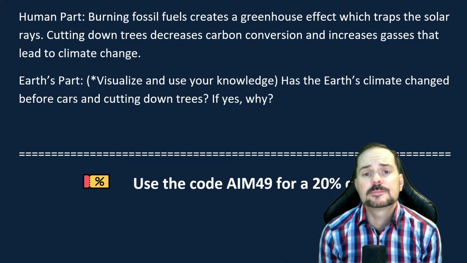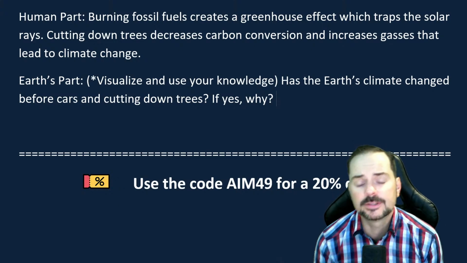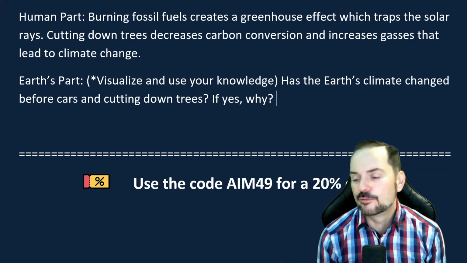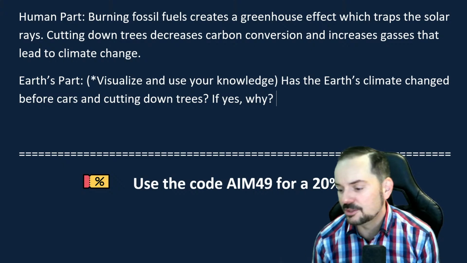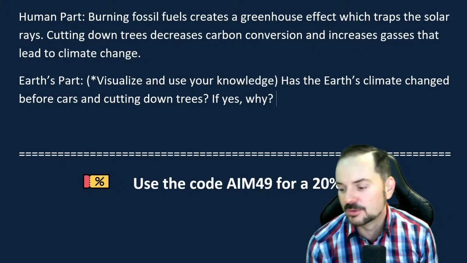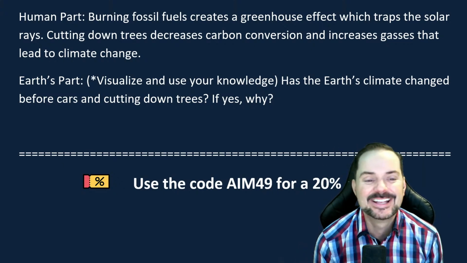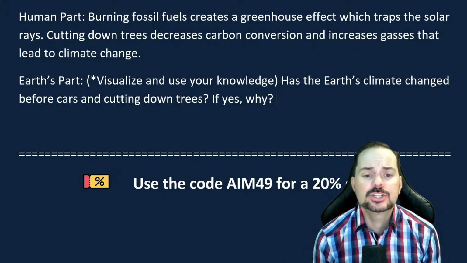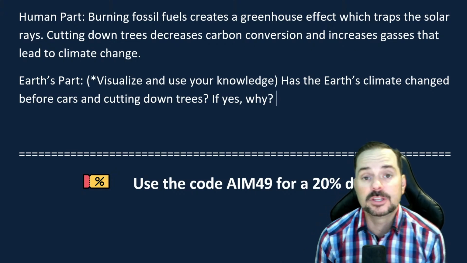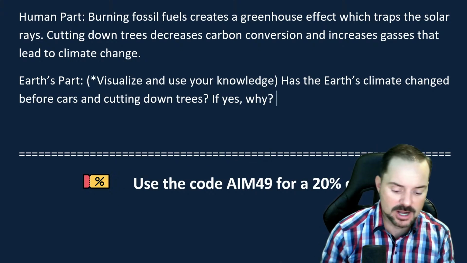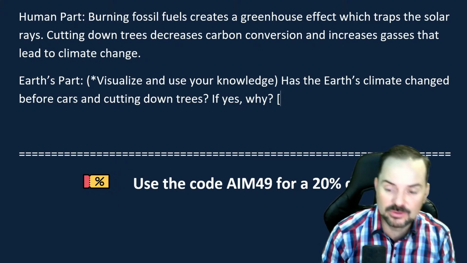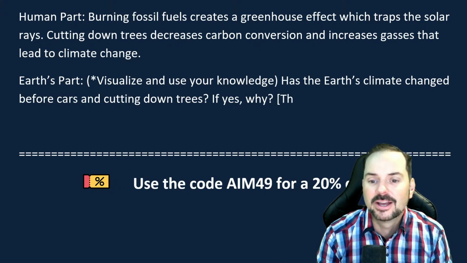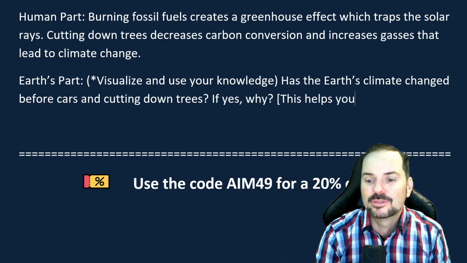And think of specific examples, right? This is where some of you who so far have been thinking, well, Adrian's crazy, he thinks maybe humans don't even do anything for climate change. Here's a good question for you then, and I might be able to convince you to think outside the box, right? So here, let's do box parentheses. This helps you think outside the box.